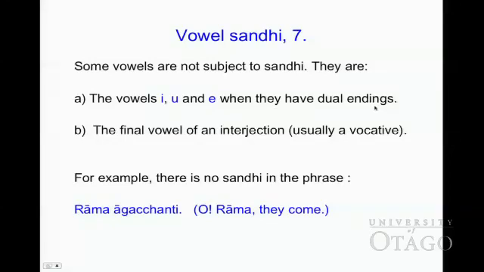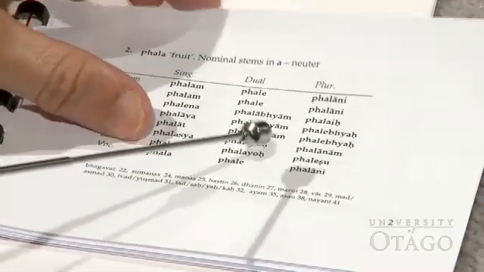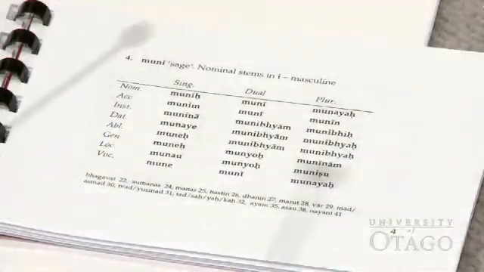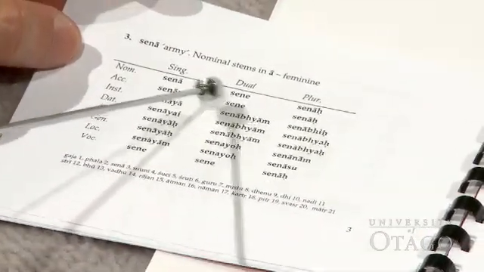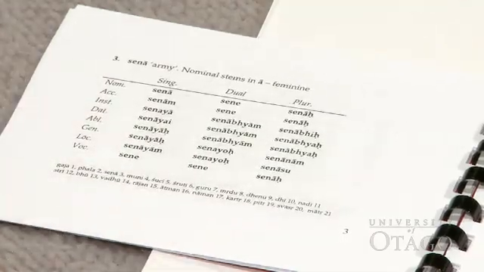You can see from this chart, page number 1, this is when you see a vowel that ends in dual, such as Pale, Pale, this is dual for the first, and Sene, Sene. There is no need to apply the Sandhi rule.